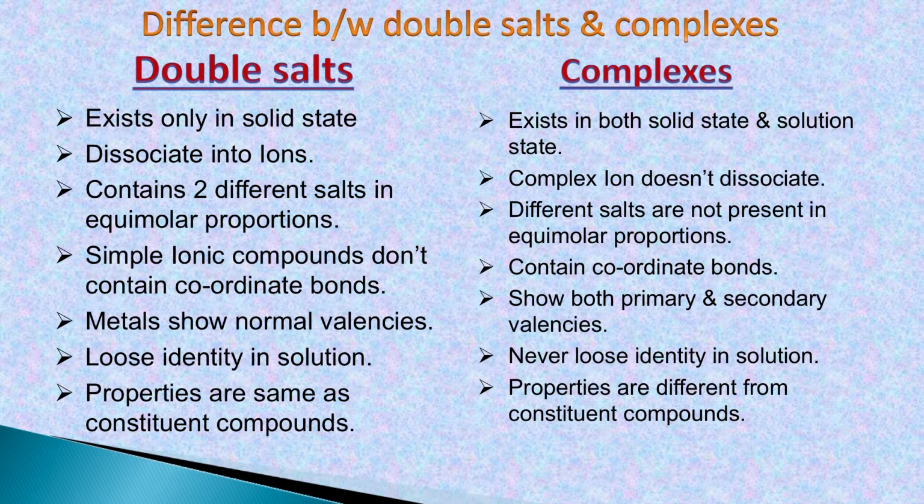The two different substances are chemically combined together to form another molecular compound which has its own identity and properties, and it retains everything both in the solid state and in aqueous solution. पानी में डालो कुछ फर्क नहीं पड़ने वाला, वो टूटने वाला नहीं है, वो फेविकोल का जोड़ है, नहीं टूटेगा. जो टूट जाता है वो डबल सॉल्ट, जो नहीं टूटेगा वो कॉम्प्लेक्स, क्योंकि उनके बीच में बॉन्ड फॉर्मेशन हो गया है. So that is a complex.